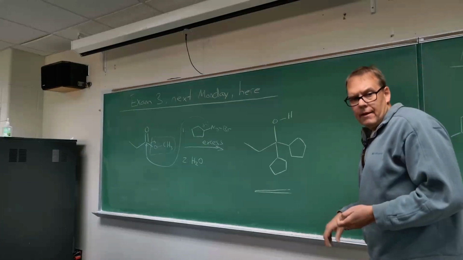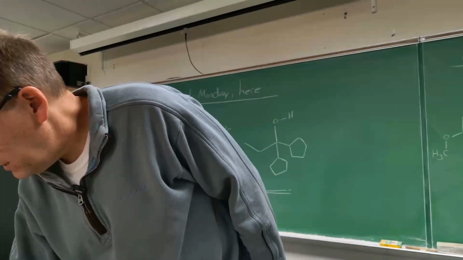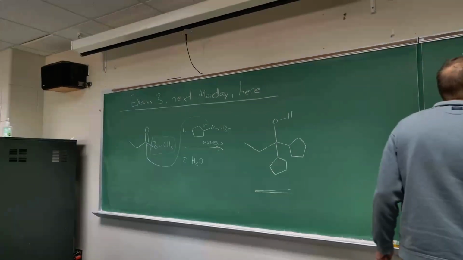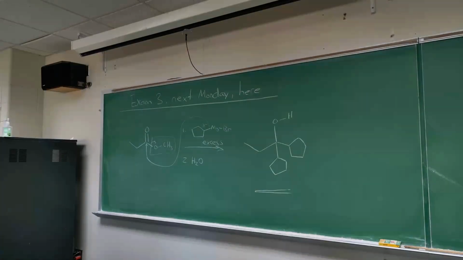So excellent. The other one was a question that had to do with a predict-the-reagents type question. So it was one where you got a structure, and you were asked to figure out what you would need to put in to make this reaction happen. So let's take a look at this one.